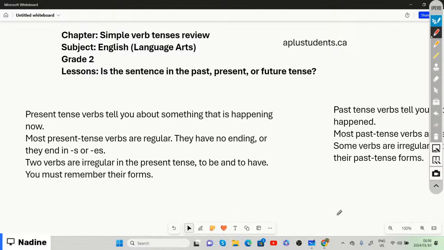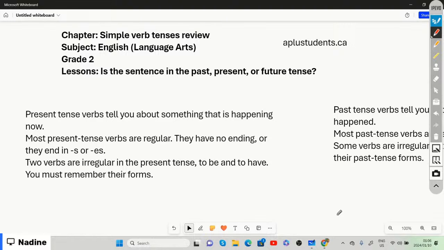Most present tense verbs are regular, which means that they have no ending, or they end in either S or ES. So once again, most present tense verbs are regular.